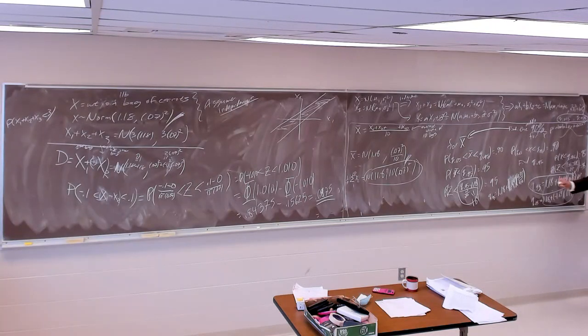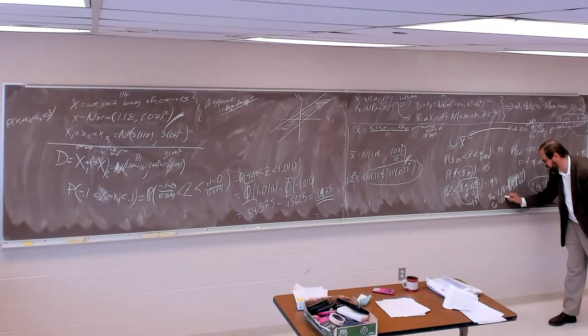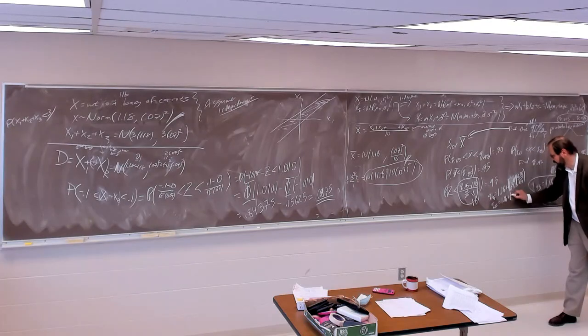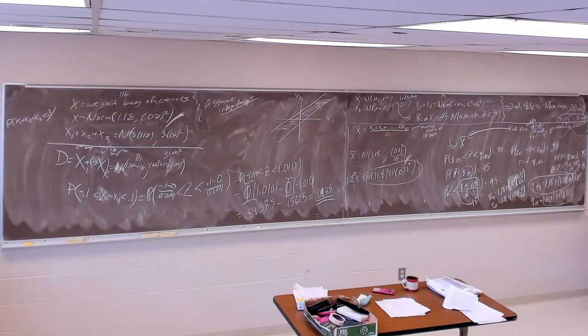And for the 0.05 quantile, it would be the same thing with negative 1.64 times 0.07 divided by root 10.